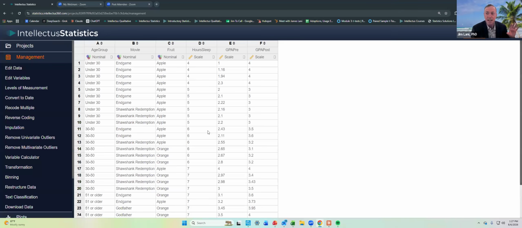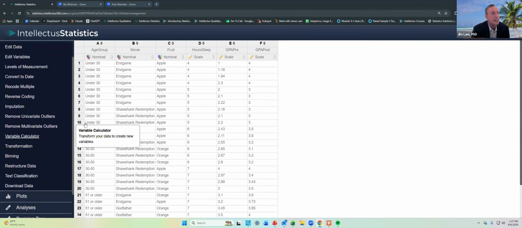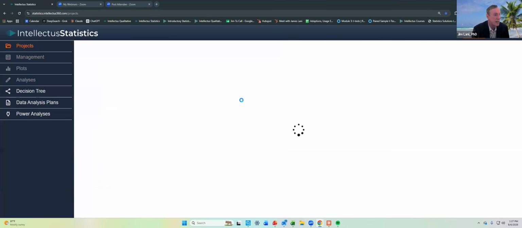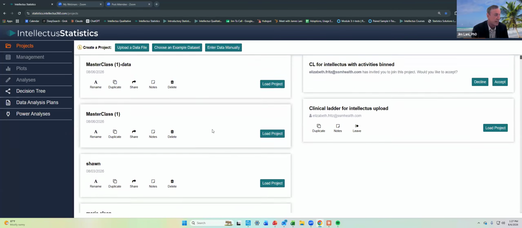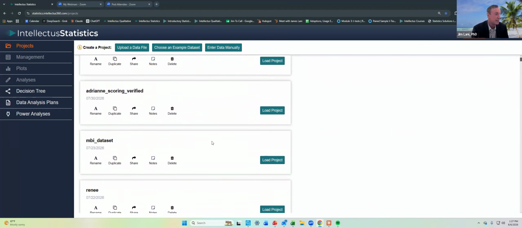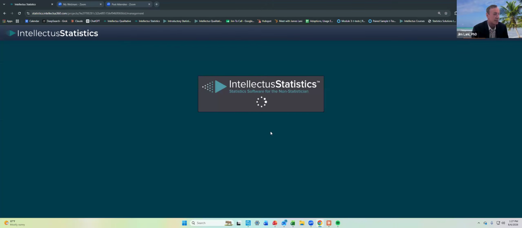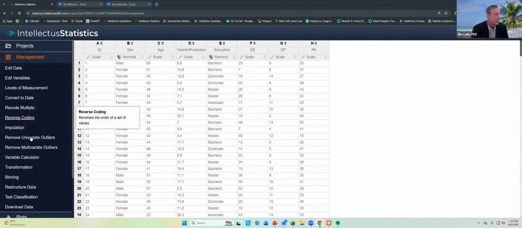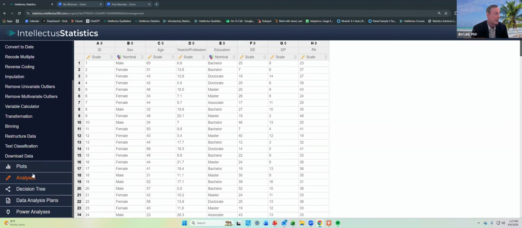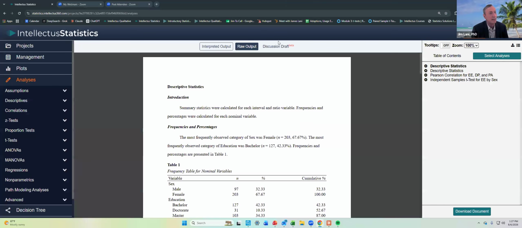So that's the data cleaning wizard in there. The other thing that I want to show, and hopefully I can get to it, is MBI. This is a data set of Maslach's burnout scale.